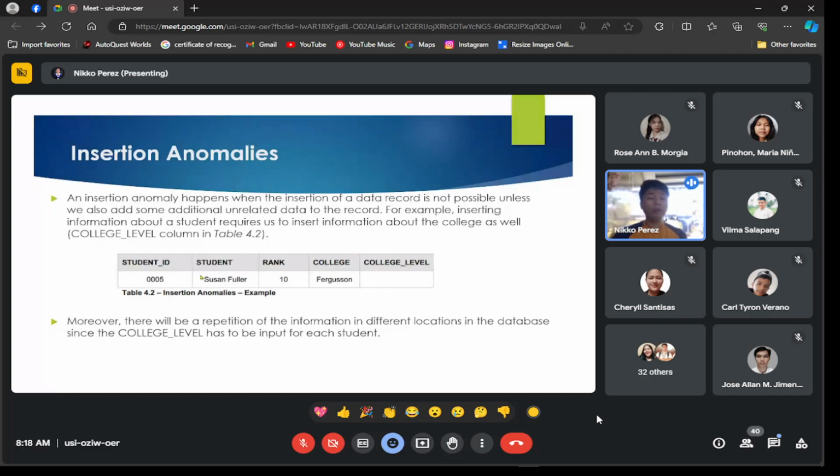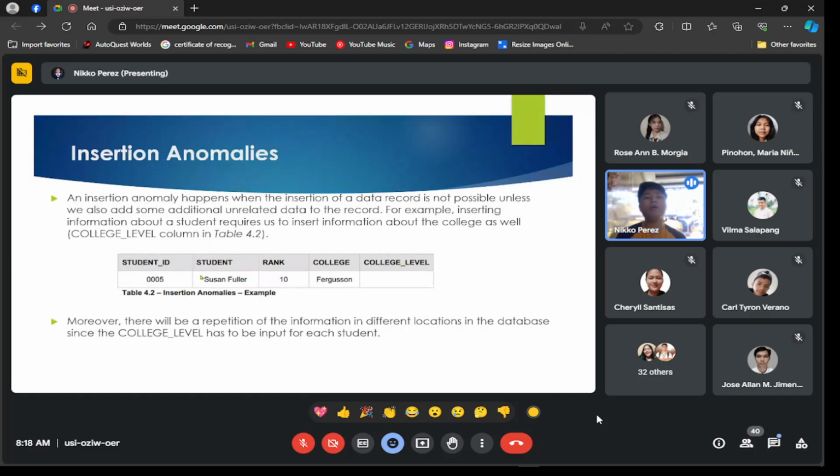On the other hand, if you will be inserting a record for the college, you might not be aware of the college level of these colleges. That would be an impact for you to insert the value, because even though you are only a student, you are required to input the information about the college, and that is not your task.